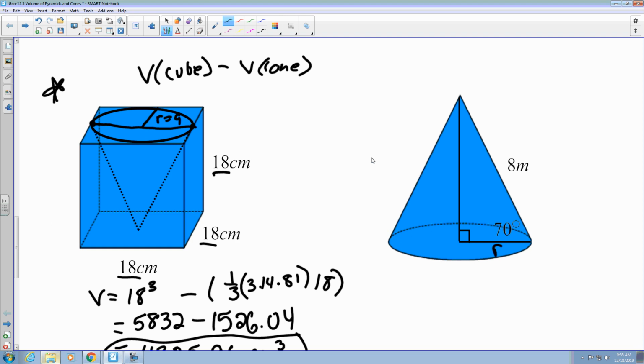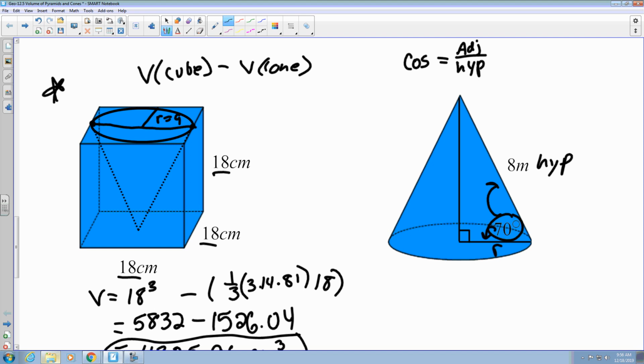So we have this angle here. We know essentially the hypotenuse of a right triangle, because that's what we have here. And in relationship to the radius, that 70 degrees is adjacent. So the trig function that we have to use is cosine, because cosine is equal to adjacent over hypotenuse.